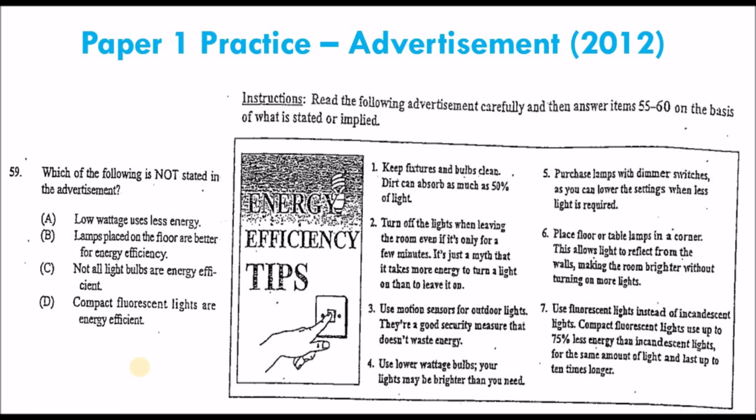Do I have my answer? Now, although this was not explicitly stated, we can see from tip 7, with the comparison of the compact fluorescent lights to the incandescent lights, that not all light bulbs are energy efficient, right? So we can eliminate C. That leaves us with A or B.